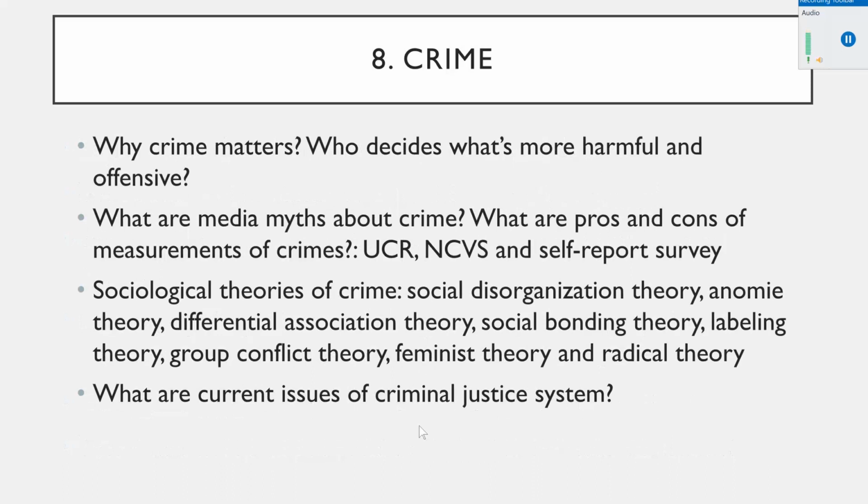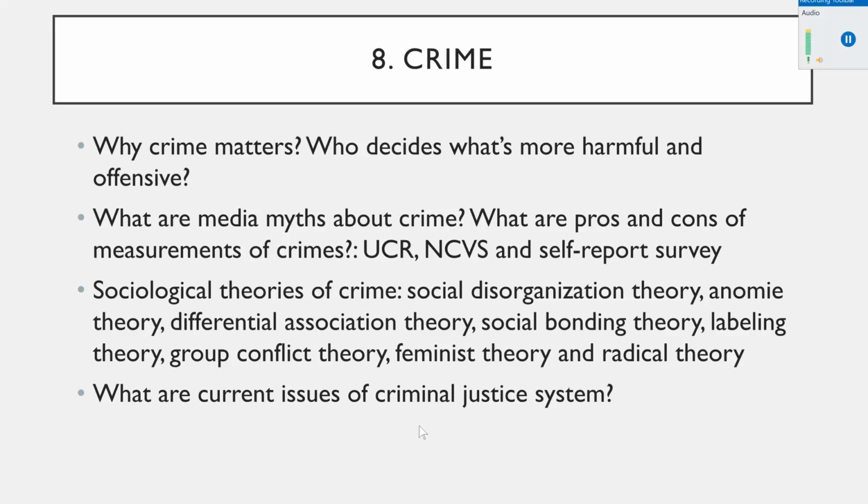And crime. Crime is a matter because it's a kind of violence that damages persons or properties, but it's very hard to define how harmful it is, or whether it's more harmful or offensive than legal things, such as smoking in an area, which would be very harmful for the health of other people, but it's not illegal.